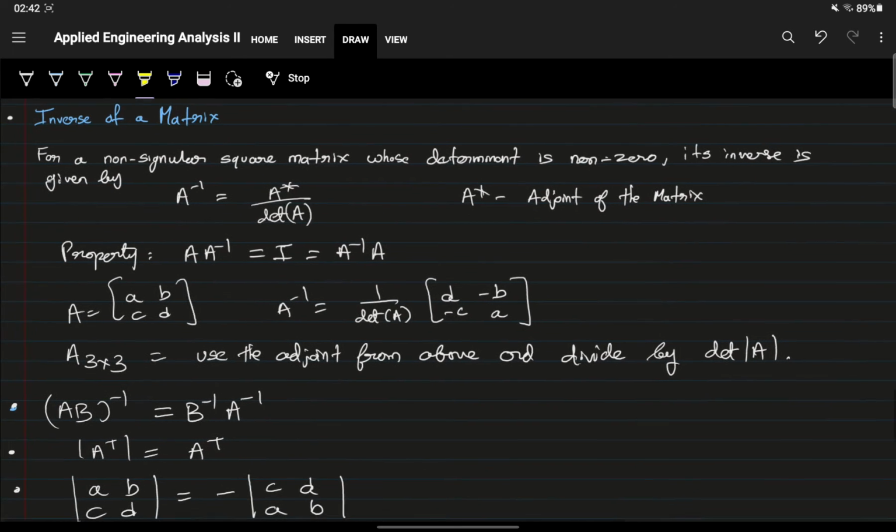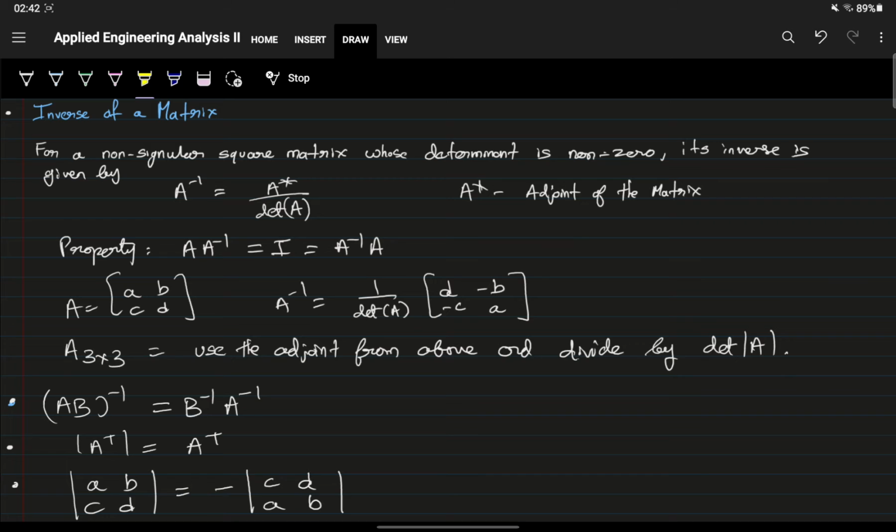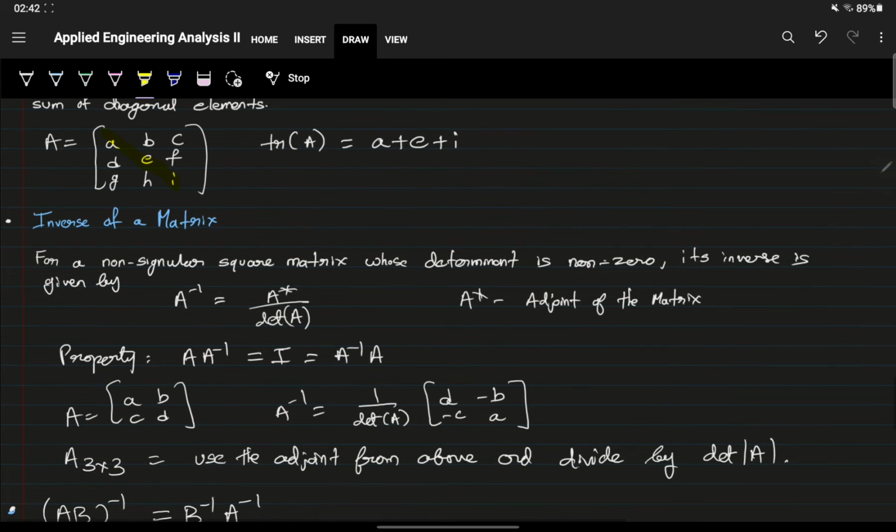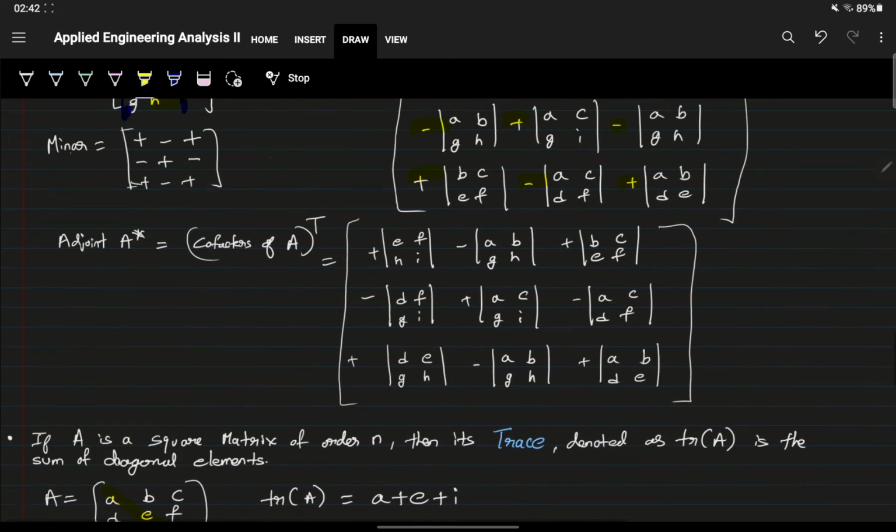Inverse of a matrix. For a non-singular square matrix whose determinant is non-zero, its inverse is given by A inverse is the adjoint matrix divided by the determinant of A. And we know how to calculate the adjoint of the matrix from here.